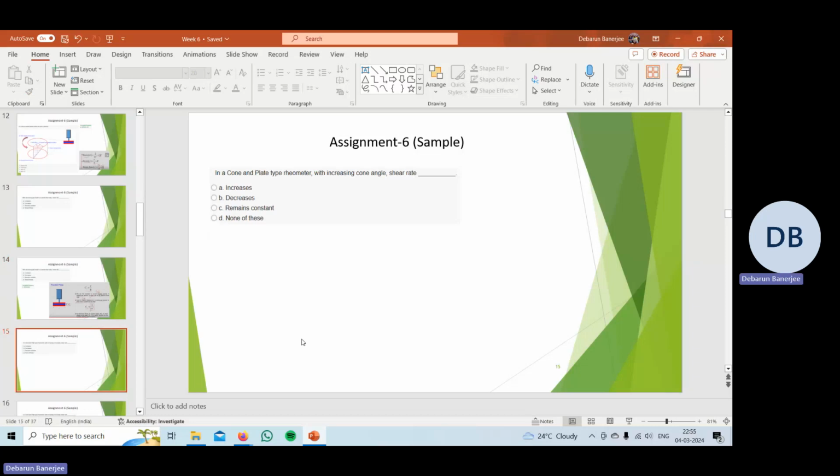In a cone and plate type rheometer, with increasing cone angle, shear rate will be increasing, decreasing, constant, or none of these.